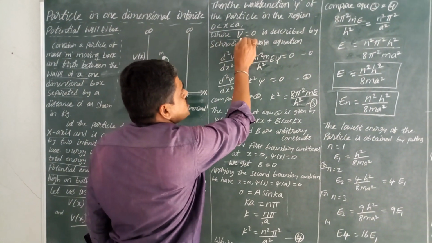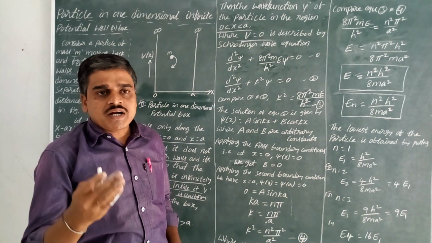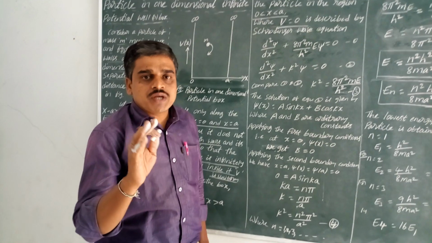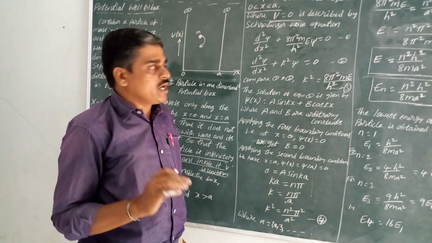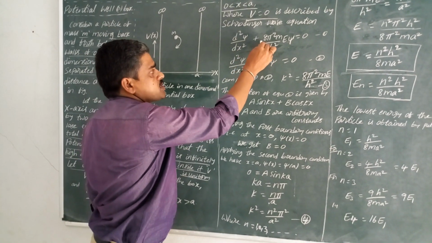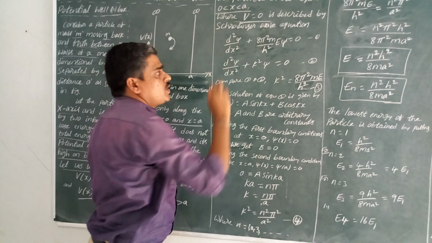Where V is equal to 0, the potential energy value is taken as 0. Substituting V equal to 0 in the Schrodinger equation, we get d square psi by dx square plus 8 pi square m E by h square psi is equal to 0.